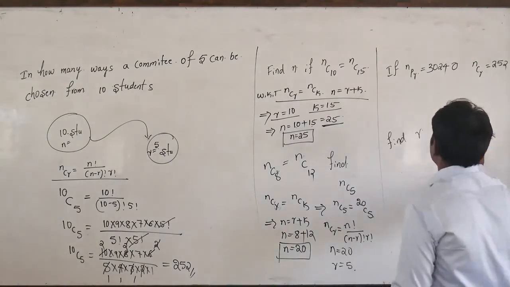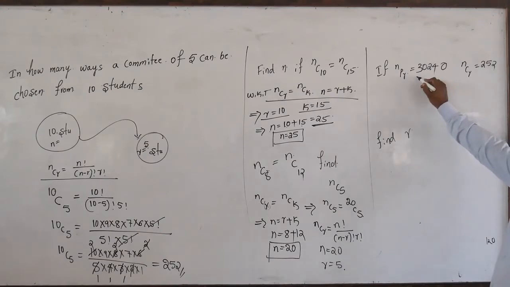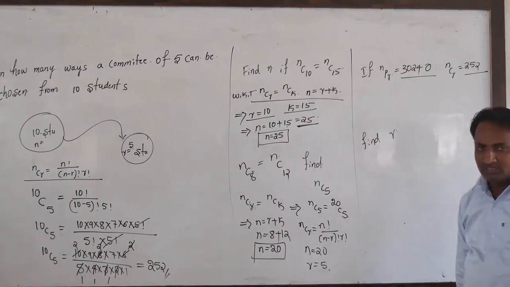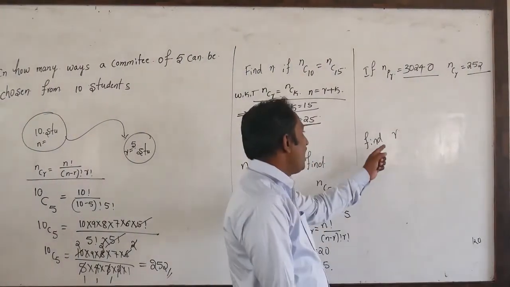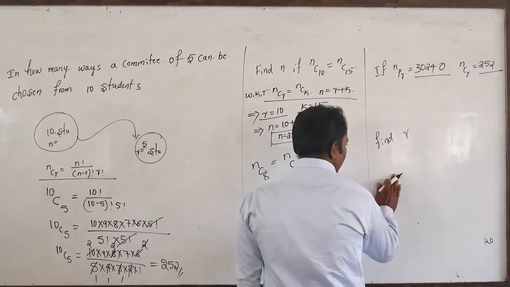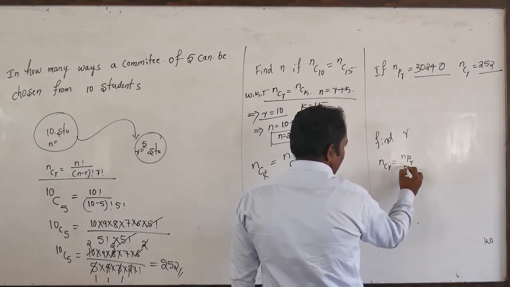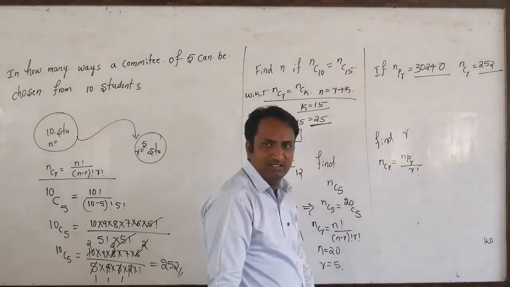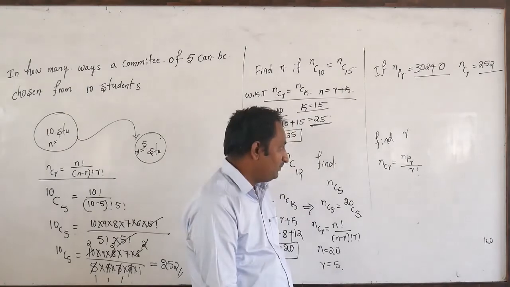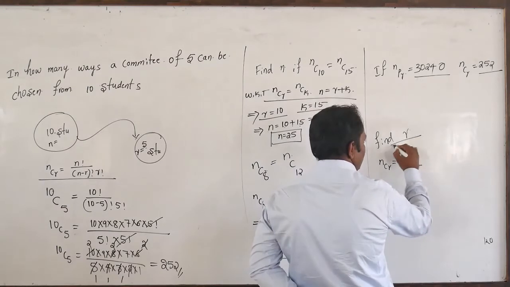Similarly, if nPr is equal to this much value and nCr is equal to this much, then find the r value. Here we know that the formula nCr is equal to nPr divided by r factorial. Definitely then we can find the value of r.